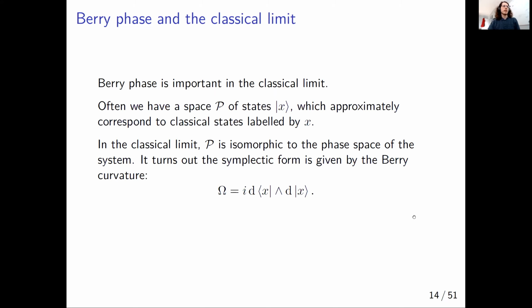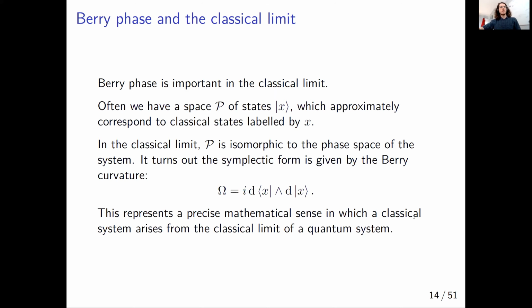In the classical limit, the space of states is isomorphic to the phase space of the system. It turns out that the symplectic form is just equivalent to the Berry curvature. This represents a precise sense in which a classical system arises from the classical limit of a quantum system.